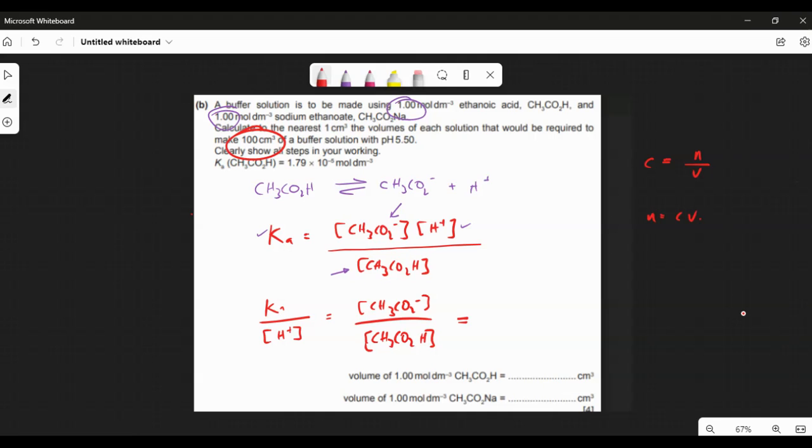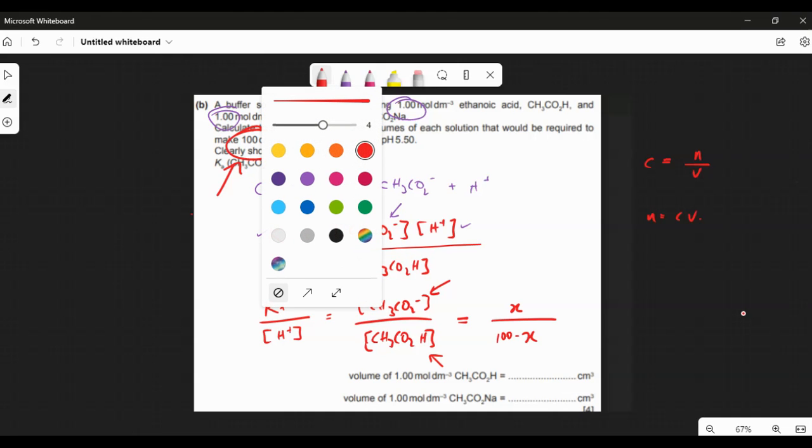So what we can do here is say the volume of the base form, X, divided by the volume of the acid form. Now, because we know the two volumes add up to 100, we can say 100 minus X here. So it's a mathematical trick rather than a chemical trick.